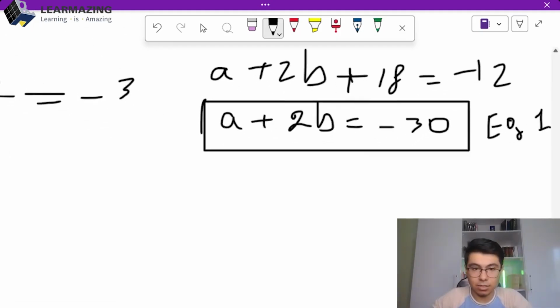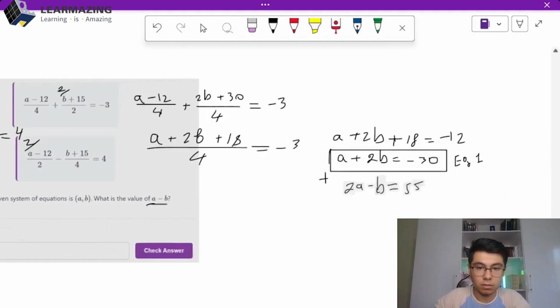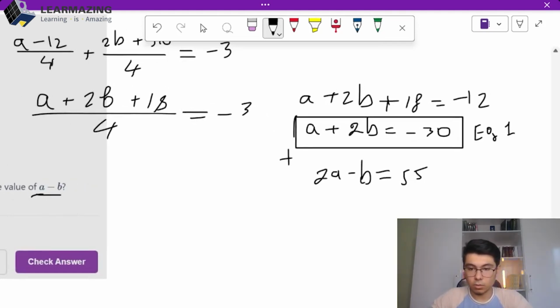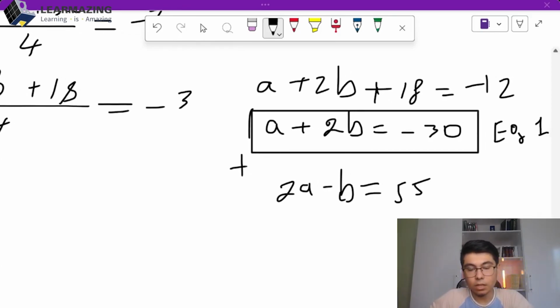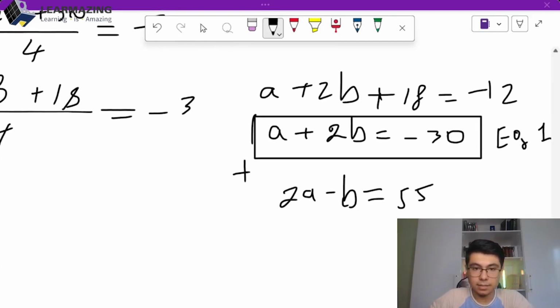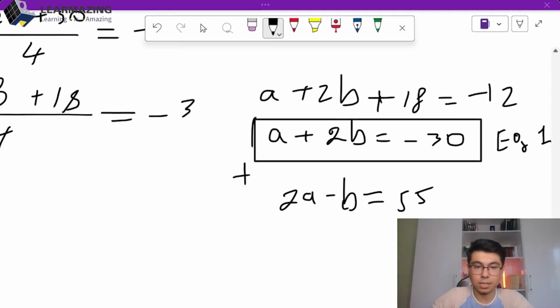So we can add both of these here. I guess the best thing that we can do is divide this part by 2, so that's going to be a lot easier here.